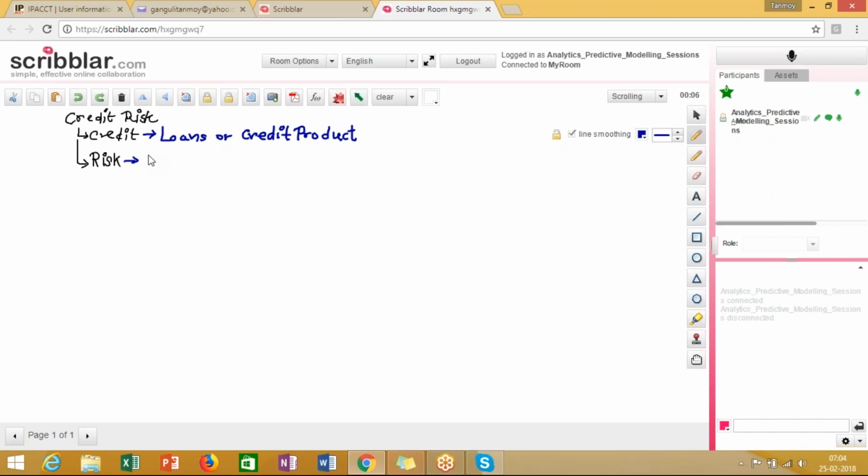Stochasticity is just a fancy word, a technical term for a probability, which makes the cash flows of the organization very probabilistic in nature. So risk creates stochasticity in cash flows.